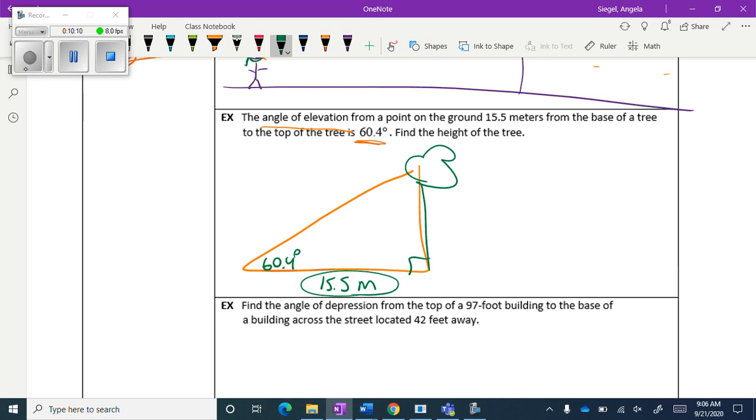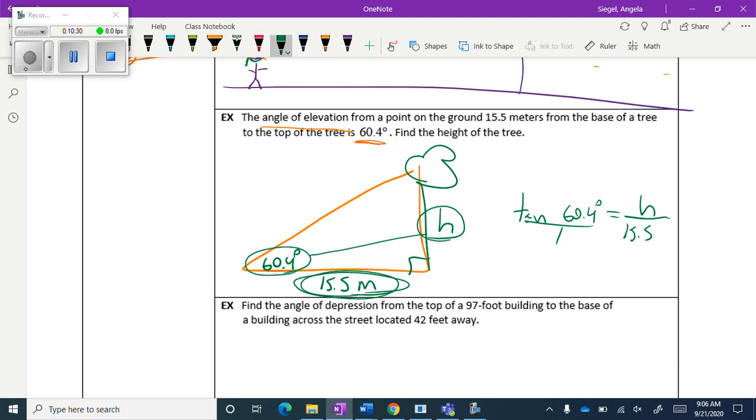And now I have to figure out which trig function to find the height. So I have an angle and I have opposite of that angle and I have adjacent. So hopefully you're seeing that you're going to use tangent. I'm just going to set it up opposite over adjacent and then solve. So again, look at it as a proportion. So we're going to multiply those two together and I get h equals 27.3 meters.